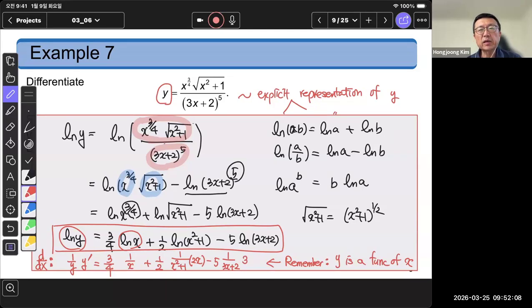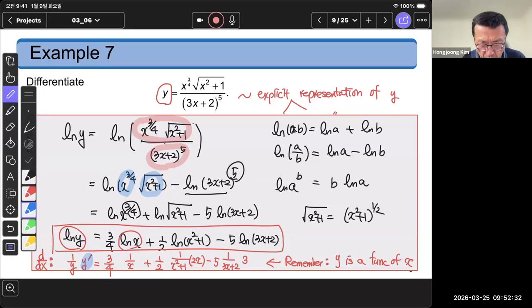So this is what I get when I differentiate each side with respect to x. Now, what I want to find is y prime only. But on the left hand side, I have y prime over y.